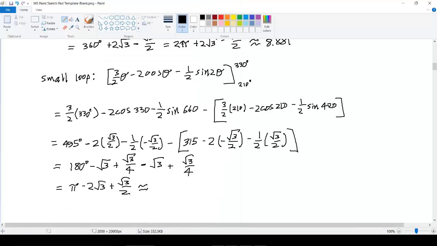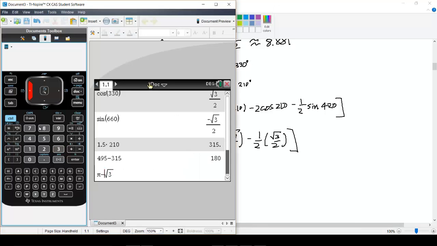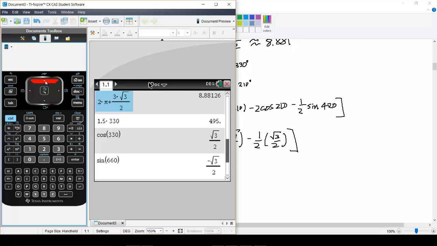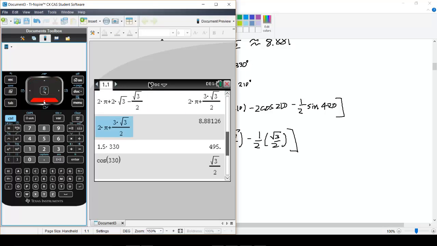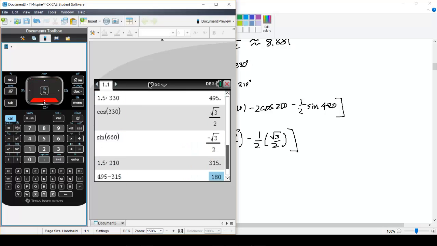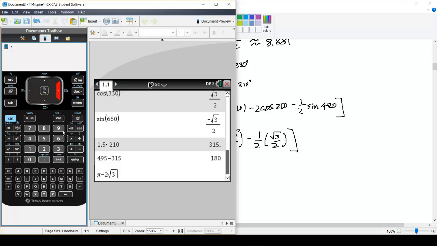No, 2 root 3, sorry. So just 2 times root 3. Did I do the last one right? Let me just check something here. I did. Okay, cool. And then I believe it will be plus root 3 over 2.